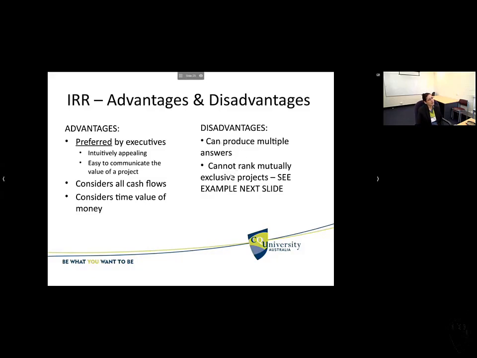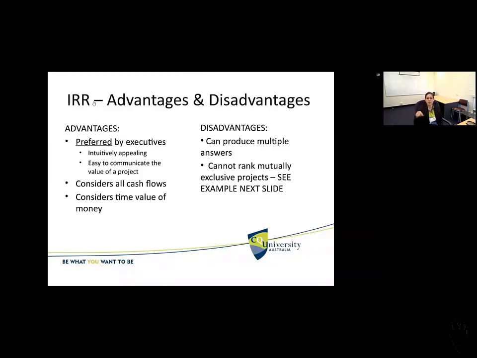Now, I said before I would come back to the mutually exclusive, and internal rate of return usually aligns with net present value apart from a couple of areas. These are them. So internal rate of return can produce multiple answers in certain scenarios. If you were to actually graph the internal rate of return mathematically, you will see it can cross the x-axis, so the horizontal axis, a number of times.